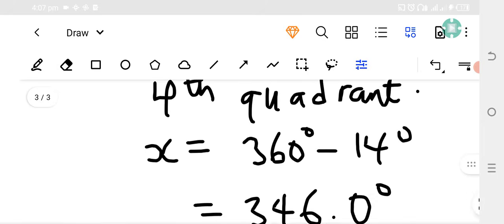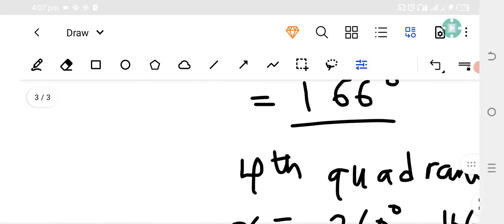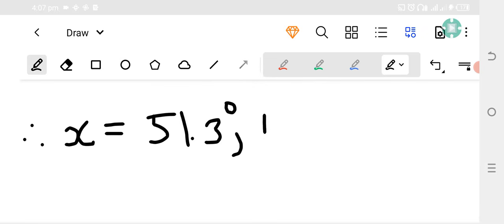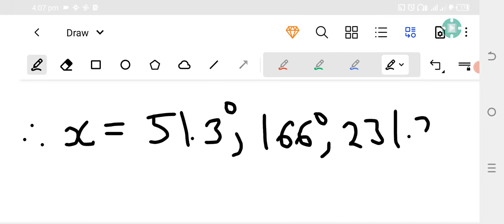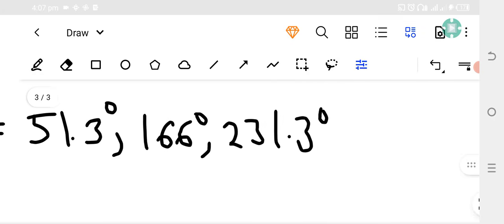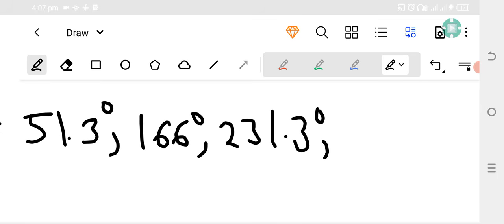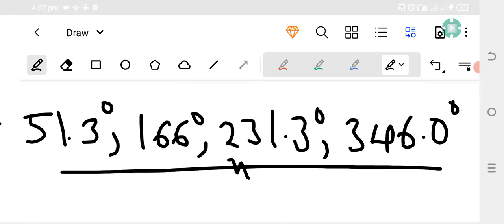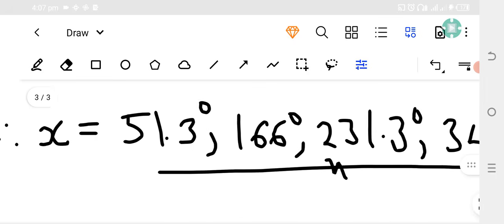There was also a 166 degrees, and lastly 346.0 degrees, not 346.3 degrees. Sorry for that. Yeah, this is your final answer for your solution set, and you get your 5 marks.